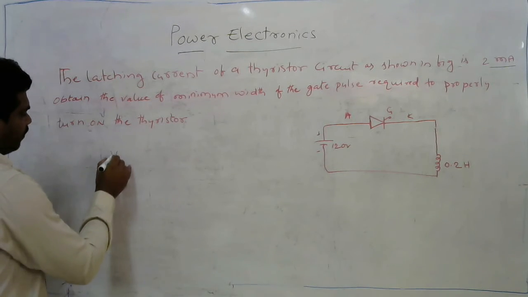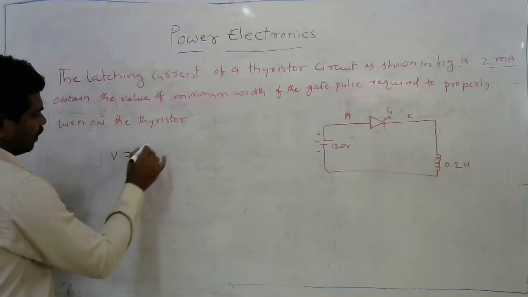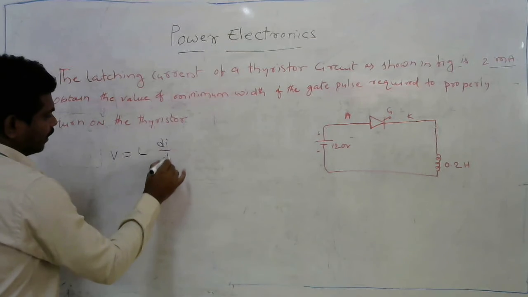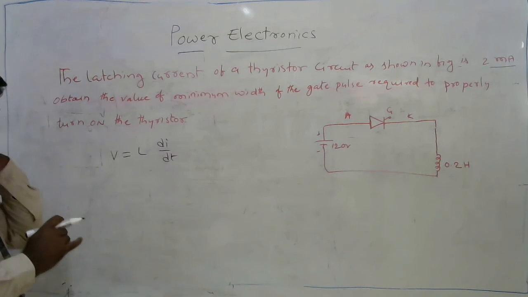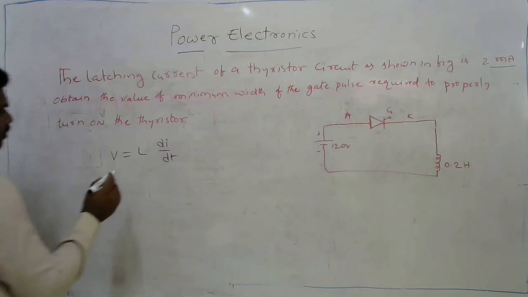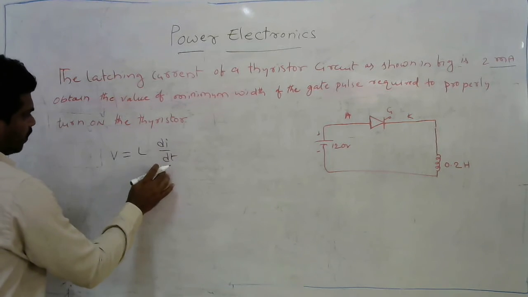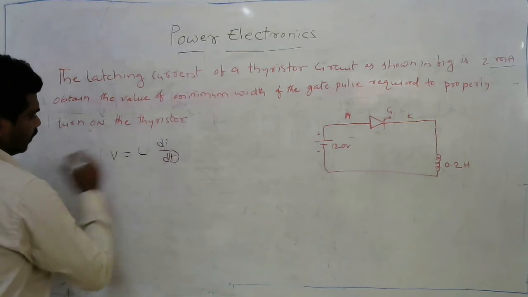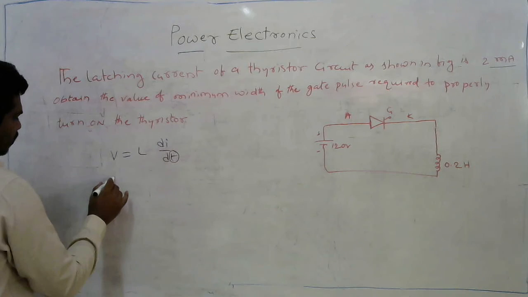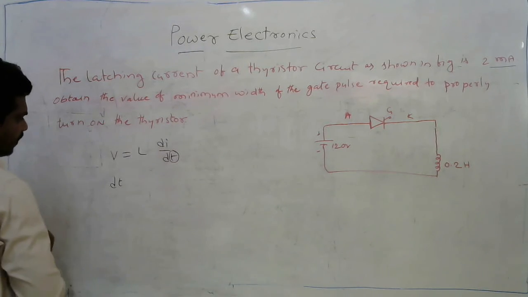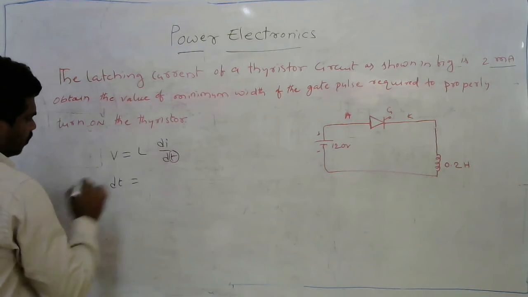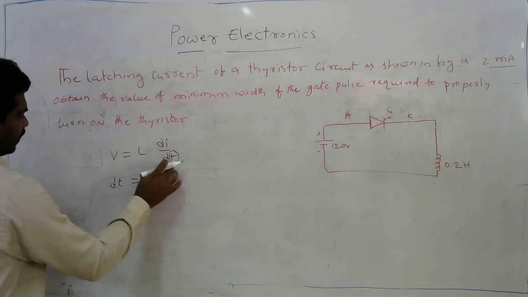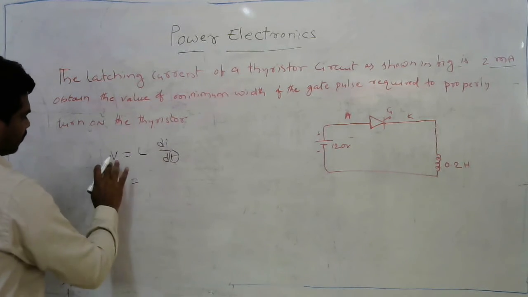We know that V is equal to L di by dt. This is the inductor voltage equation, which is very familiar to us. From this equation, we are going to get the value for T. For that, I'm doing some simplification. I'm bringing this dt to the left side and this V to the right side.